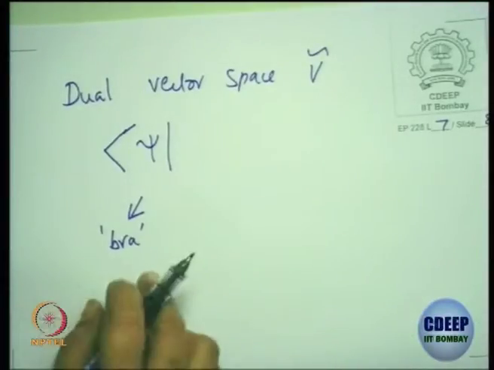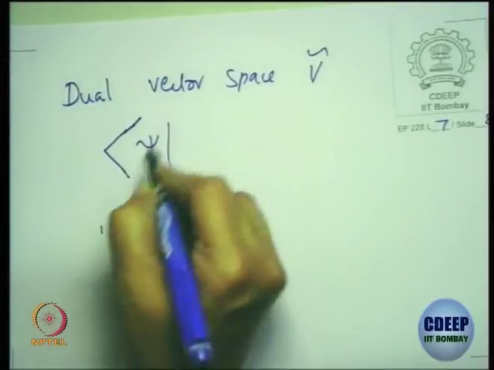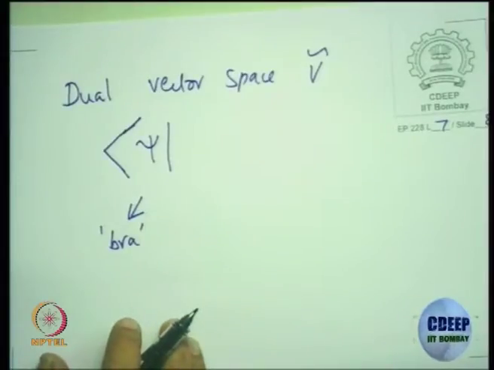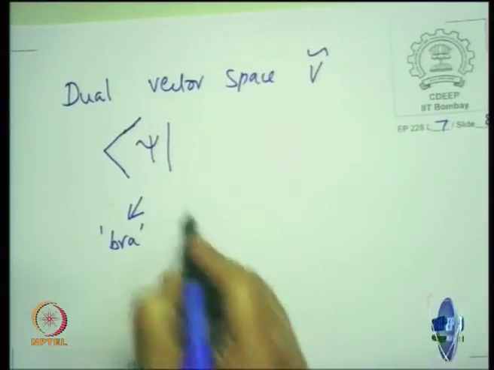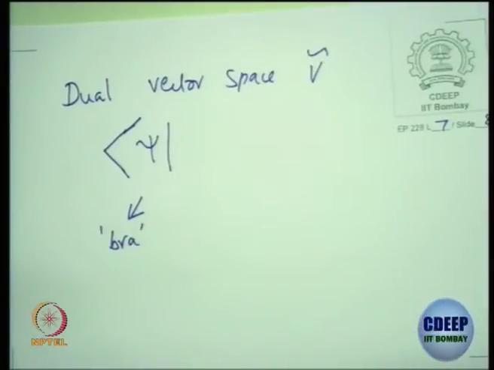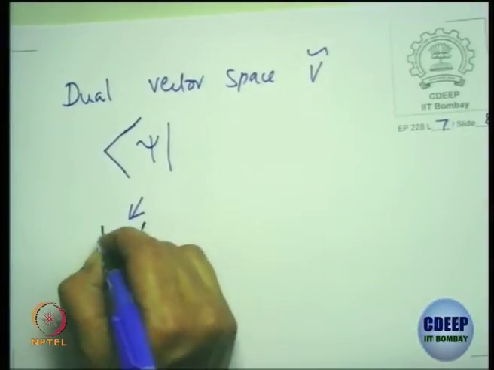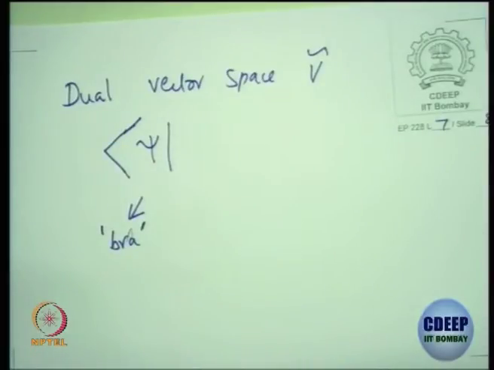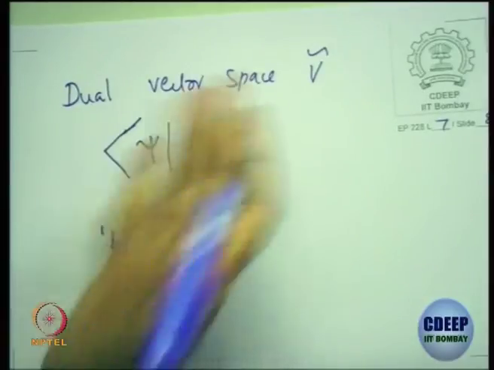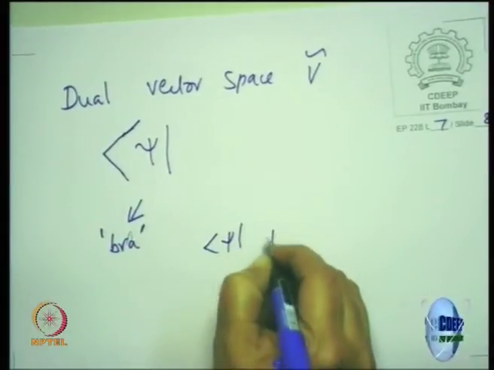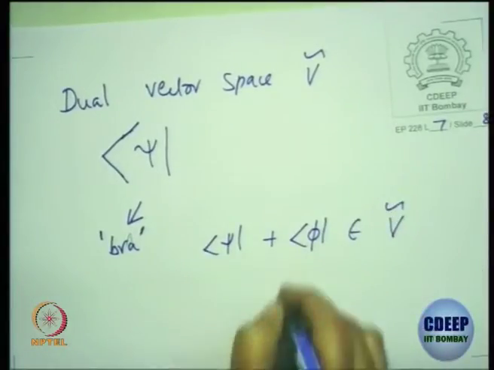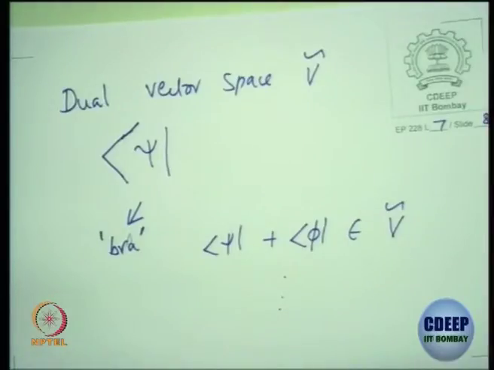It is the angular bracket written in the opposite fashion. This bra notation will also satisfy the same set of properties which you saw for the vector space V. So, you will have psi plus phi being an element of V tilde and so on.